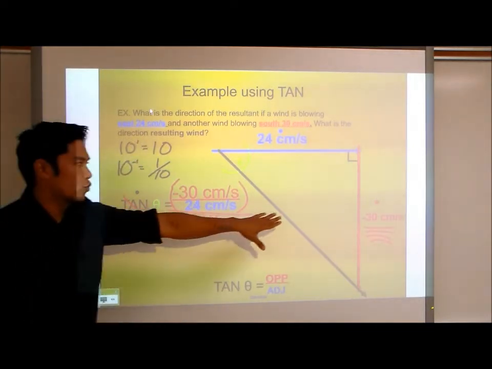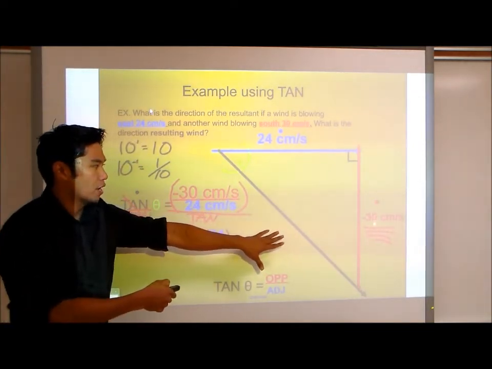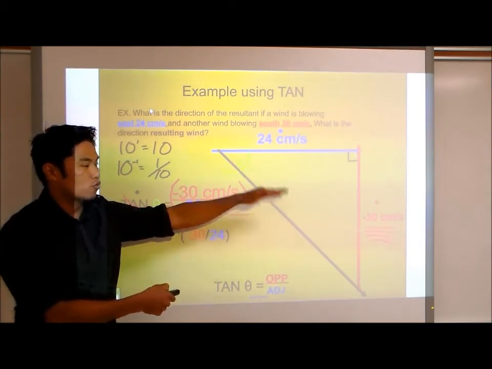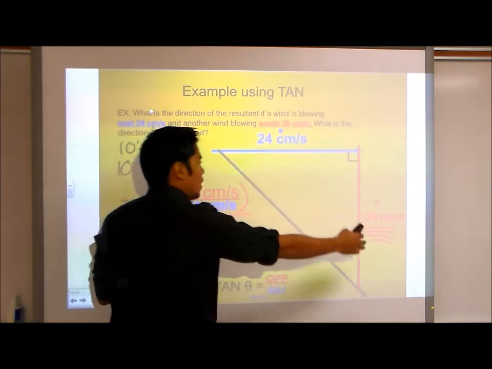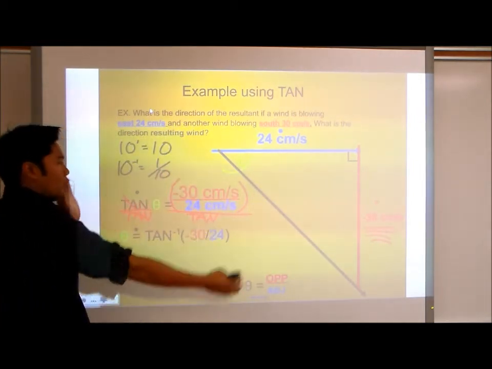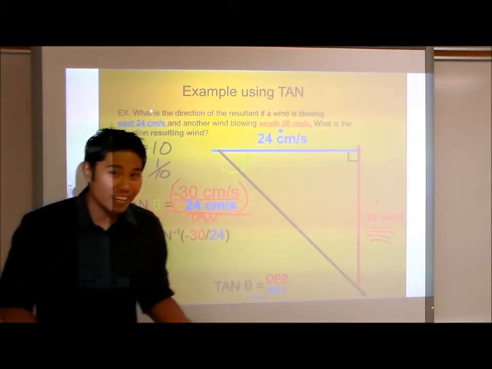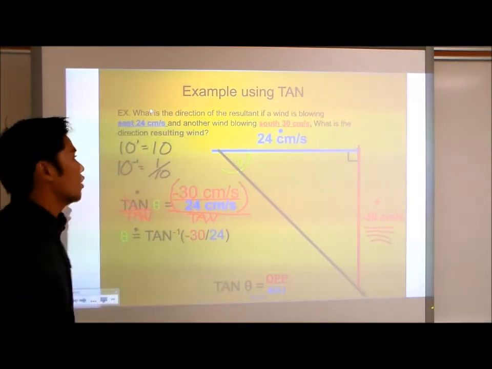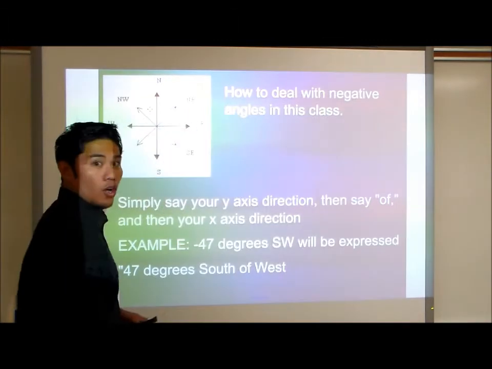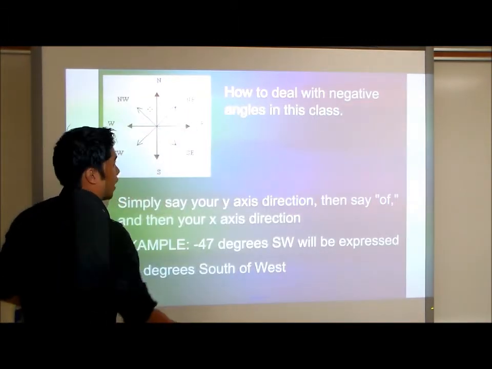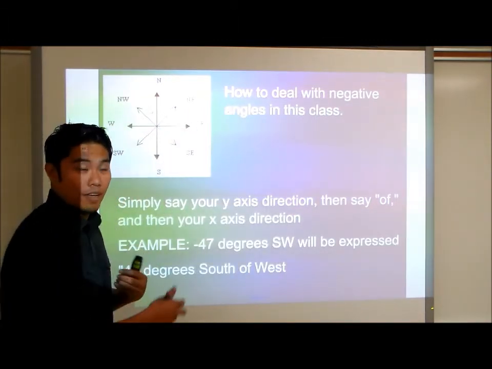So let's get back really quick to this negative vector. The first question people will ask is, well, if that is going to be a negative vector, won't the whole thing be negative and we have a negative angle? Well, now we have to start getting familiar with negative angles. Okay, so now let's go ahead and deal with how we deal with negative angles.